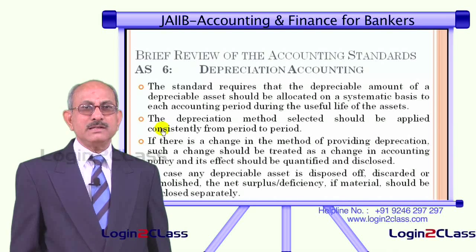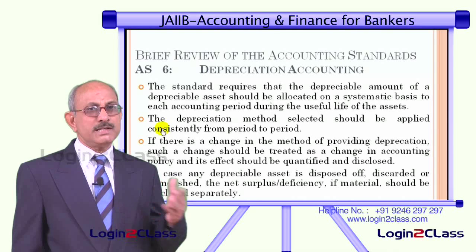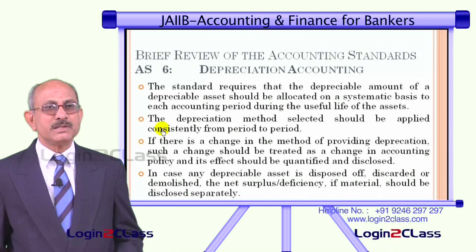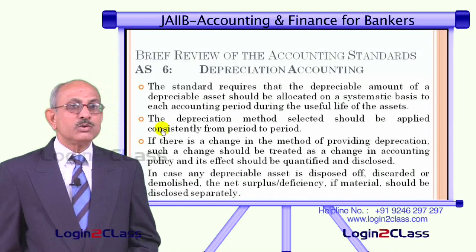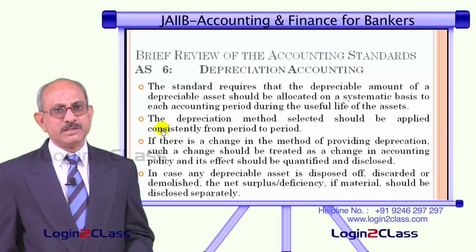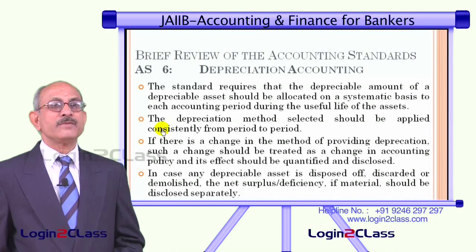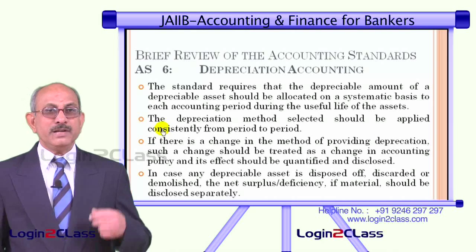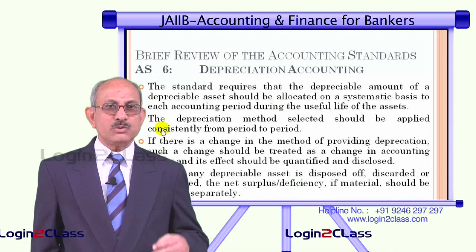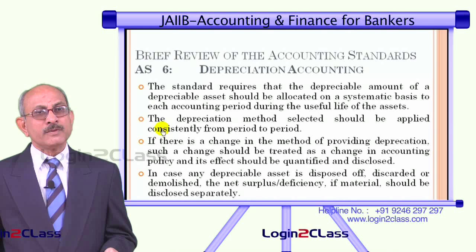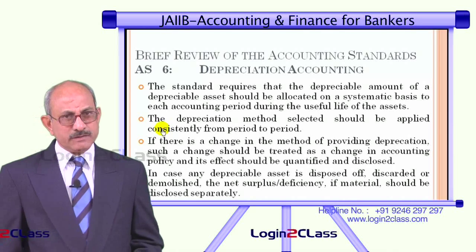If for some reason the company wants to change the method of depreciation, then it is permitted as per the accounting standard. So, whenever there is a change in the method of depreciation, it is treated as a change in the accounting policy, and therefore, as we have seen in AS 1, that is accounting standard 1, whenever there is a change in accounting policy, it has to be disclosed in the financial statement.